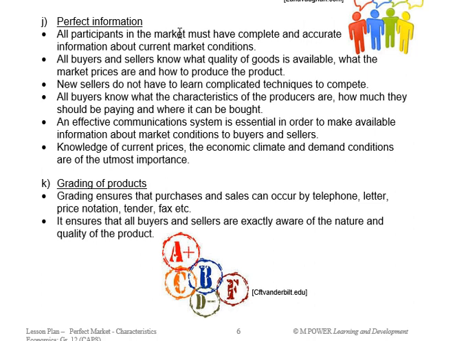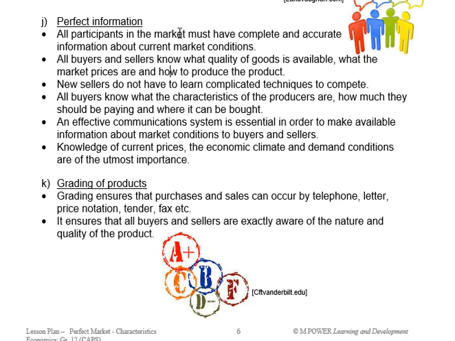All buyers and all sellers will know what the market price is. All sellers, all producers will know exactly how to produce this product in the cheapest way possible. Okay? New competitors entering this market will immediately have access to all of this information. They will immediately know the production technique. They will know what the technique is to produce these products more efficiently.